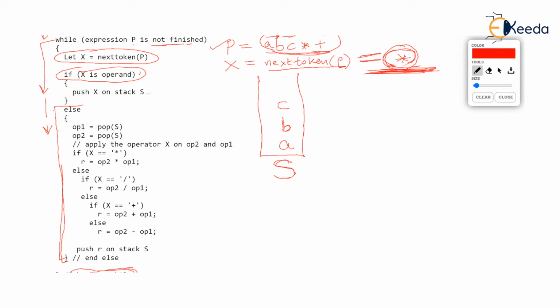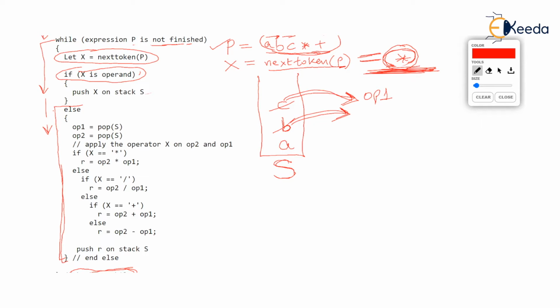We execute two pop operations back to back. So the first pop, if we execute pop the first time, we are going to get C out of the stack. And the second pop, we are going to get B out of the stack. And C and B will be lost from the stack because we have popped them. If we say that op1, just a variable like xyz, I have named the variable op1.